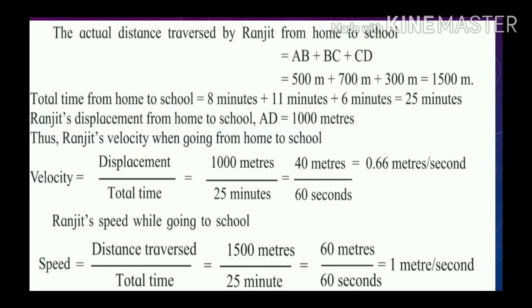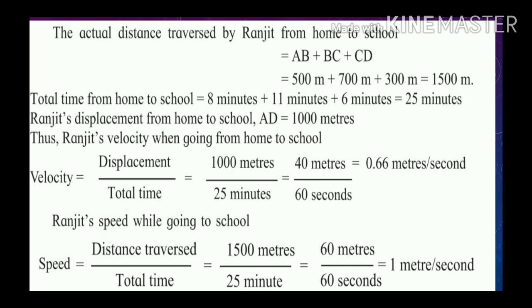We have learned velocity and speed already. With the help of this example, we can understand what is actually the difference between velocity and speed. In the last figure or diagram, we already learned what distance and displacement are. Same diagram.